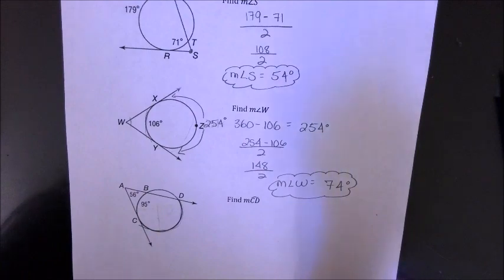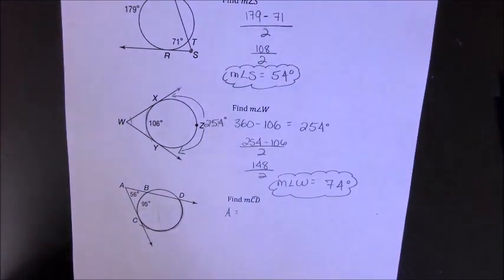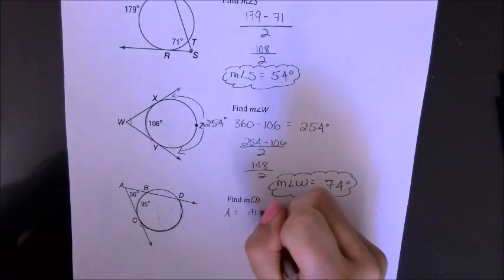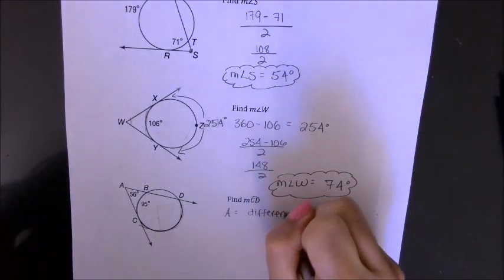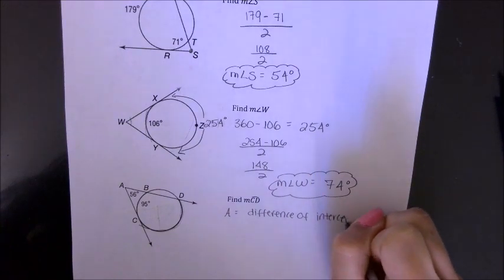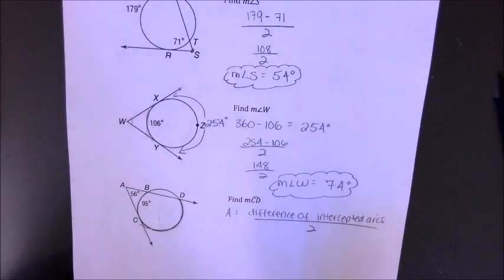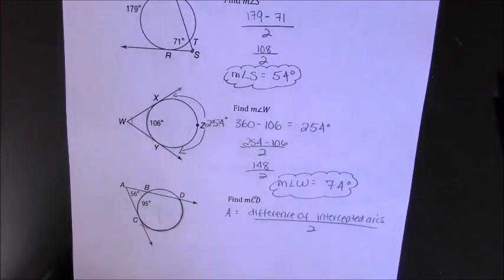So I'll just set it up here. Let's say A. To find my circumscribed angle, all I have to do is take the difference of intercepted arcs and divide it by 2.